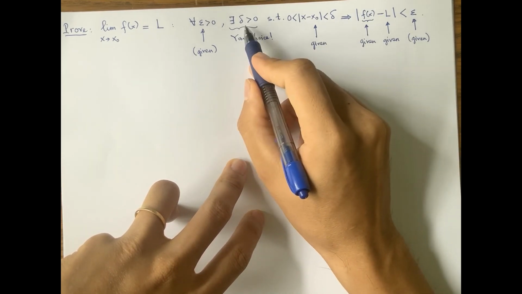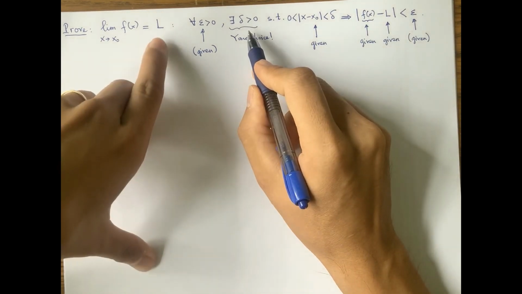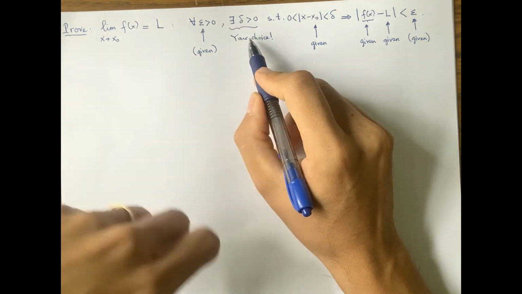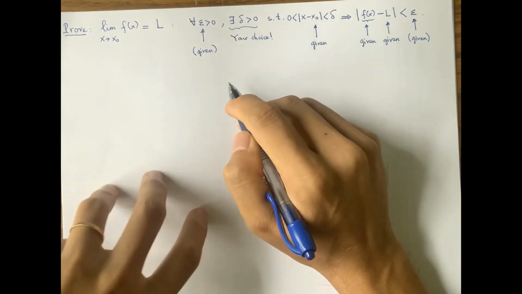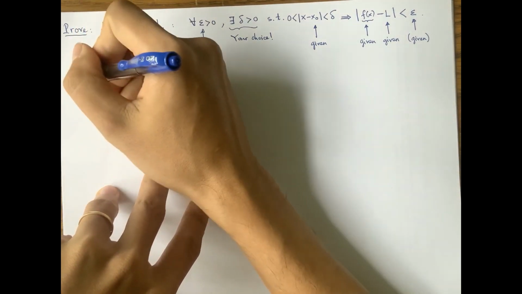If you can choose the delta to make this happen, then you survive and the limit is L. If you cannot survive, the limit is not going to be L. Let's consider several examples to make it clear.